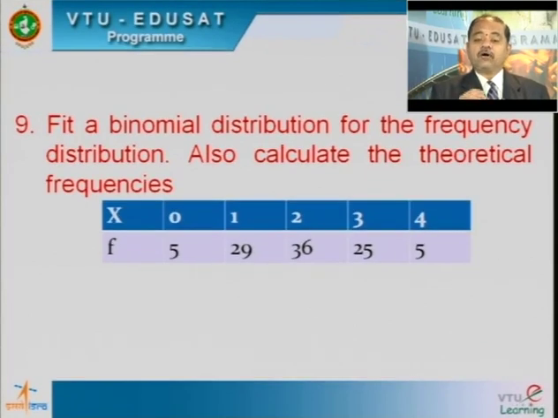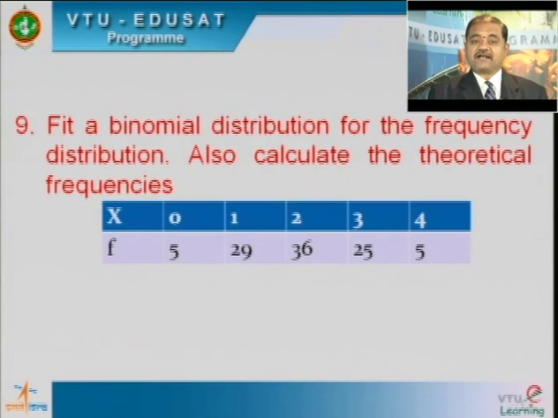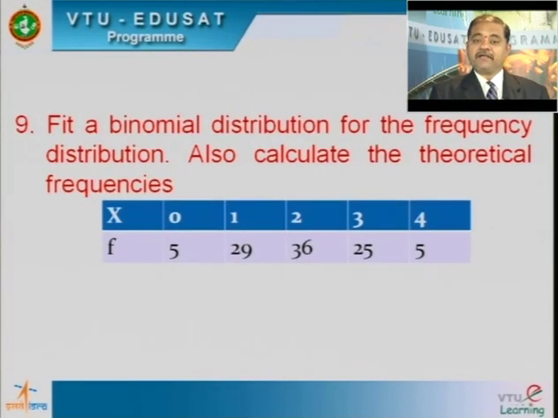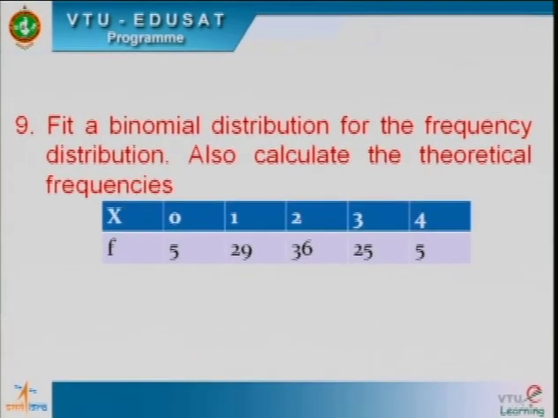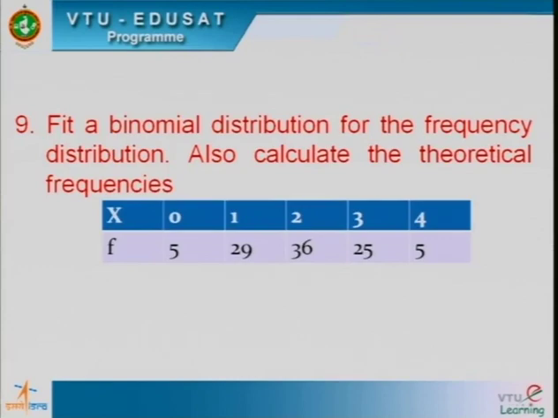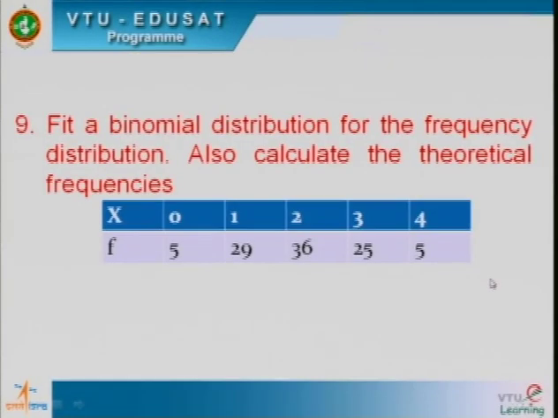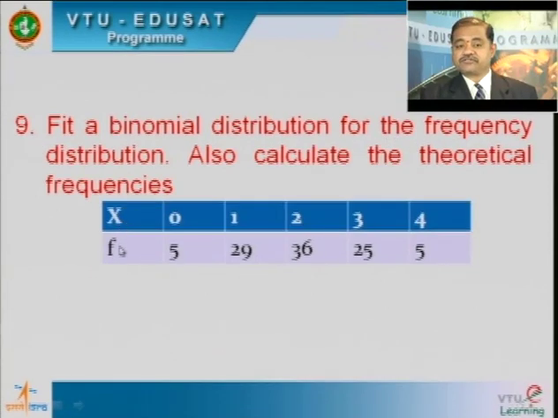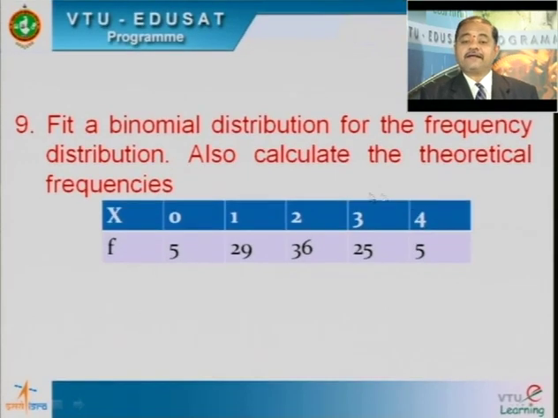Even in the third module, statistics, you have calculated mean, correlation coefficient, regression lines. In such problems they give x values and frequencies. So this is the continuation. That means fit a binomial distribution for the frequency distribution, and also calculate the theoretical frequencies.